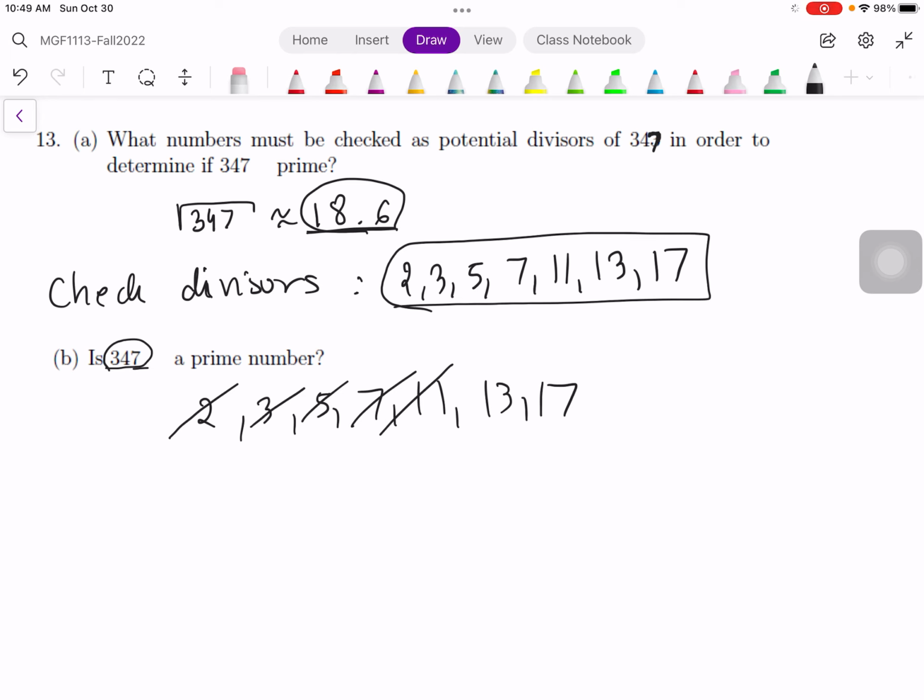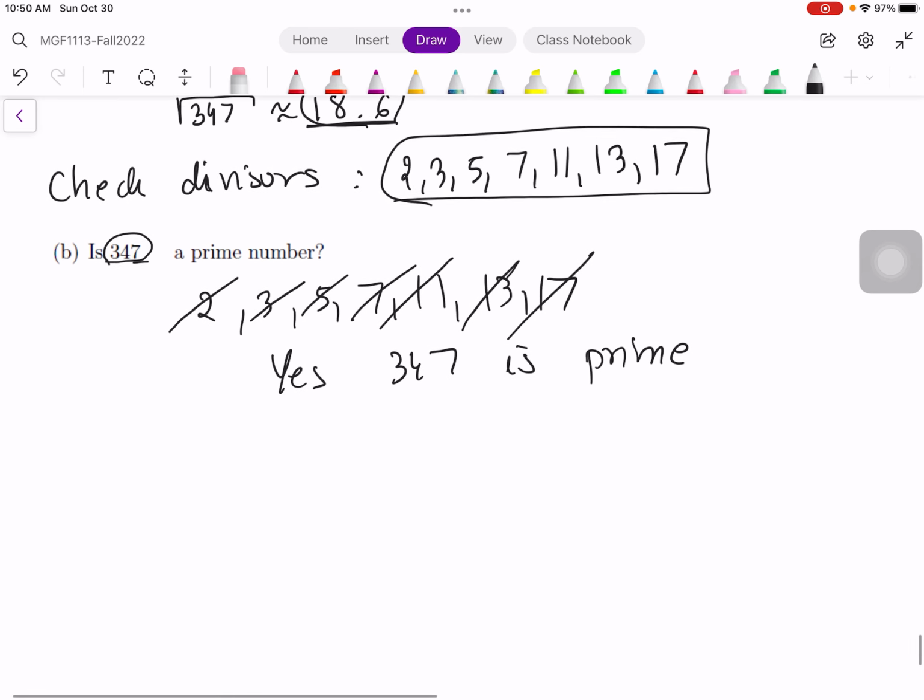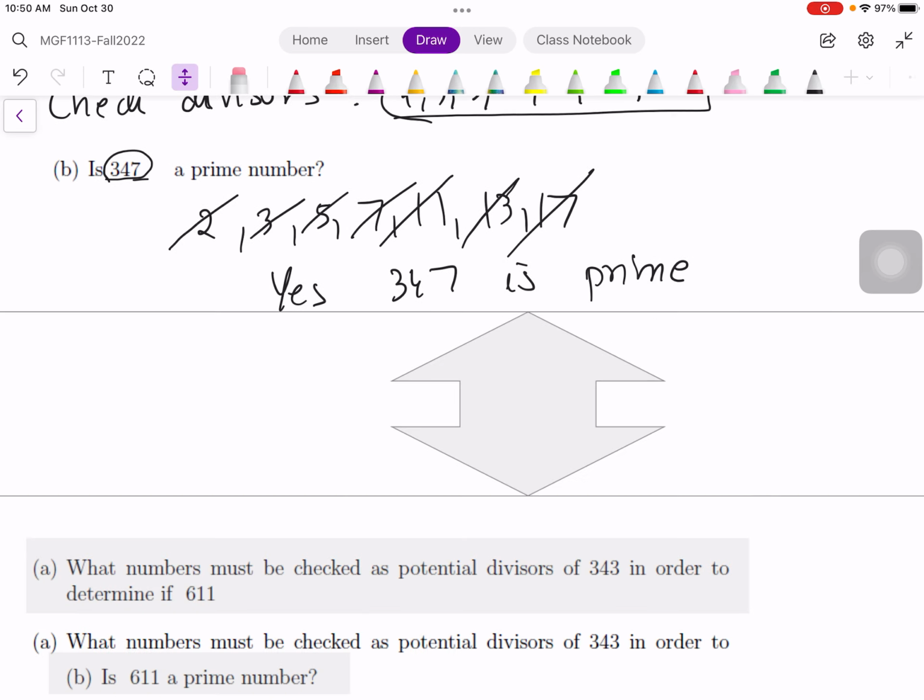Again, grab a calculator, check it, no. And finally, is it divisible by 17? No. Which means that, yes, 347 is prime, because for all the potential divisors, I was able to eliminate each. None of those numbers are divisors of 347, which means the number has no divisors other than, of course, 1 and 347. Okay, so simple as that.